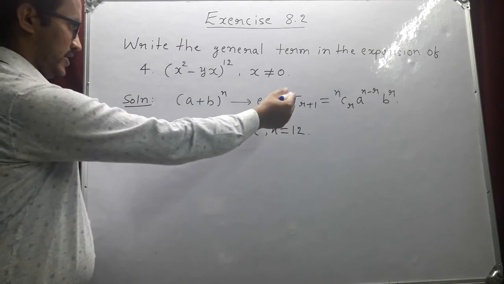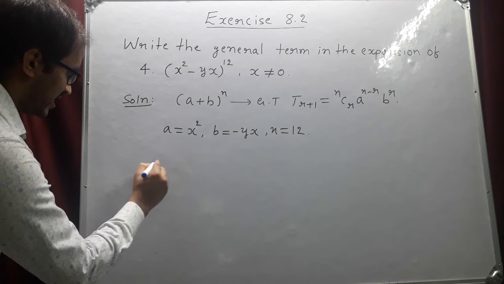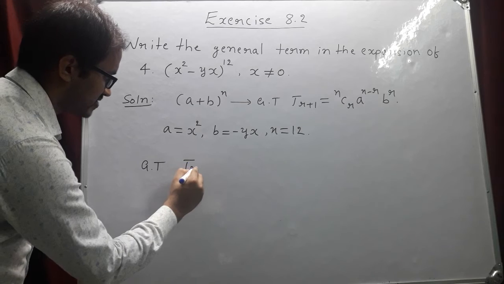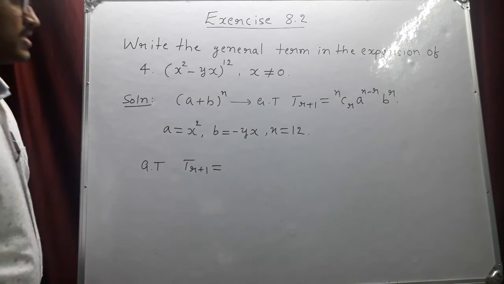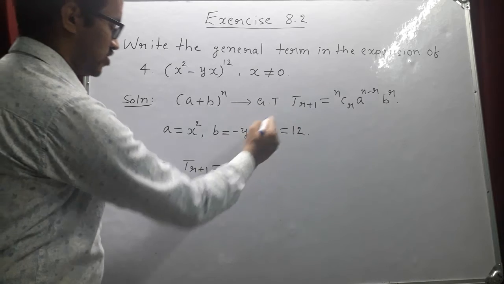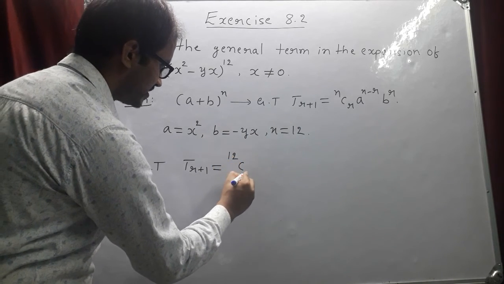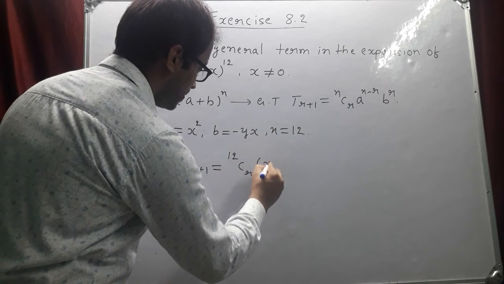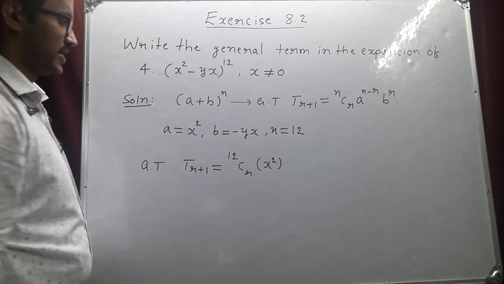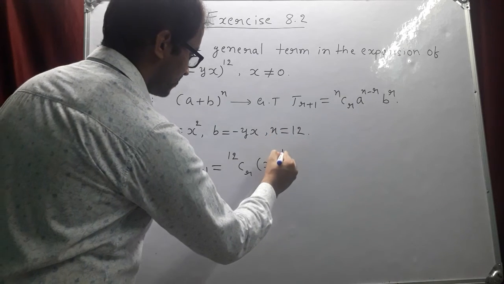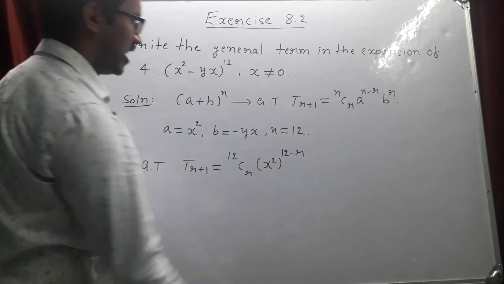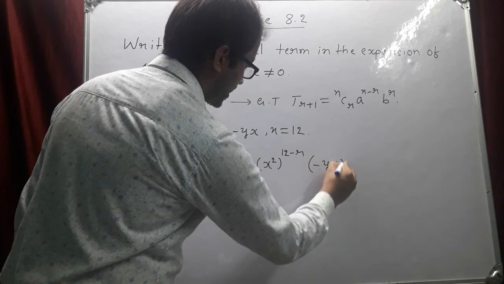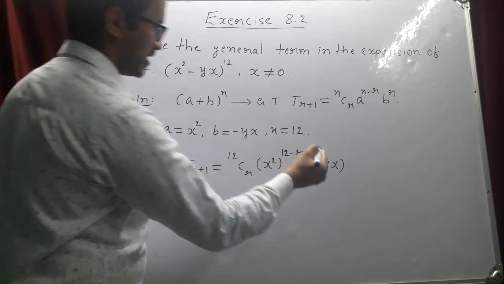Substituting here, the general term T_(r+1) = nCr, n value is 12, so 12Cr into a value x² power n minus r, so 12 minus r, into b, that means (−yx) power r.